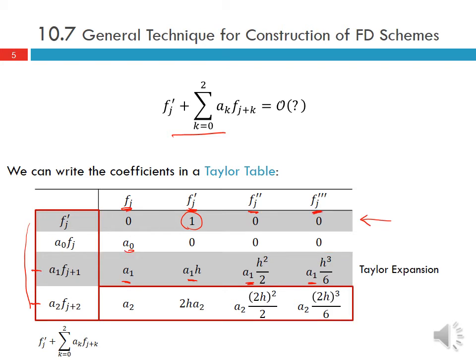And same for the last row here. So the Taylor series expansion of a2 times fj plus 2 is going to be a2 times fj plus 2h a2 times fj prime plus a2 times 2h squared over 2 fj double prime plus a2 times 2h cubed over 6 times fj triple prime.